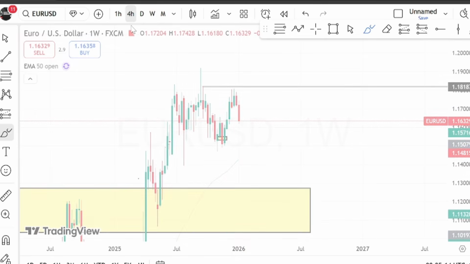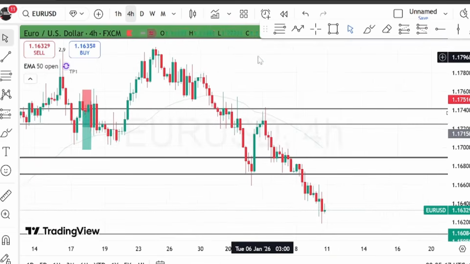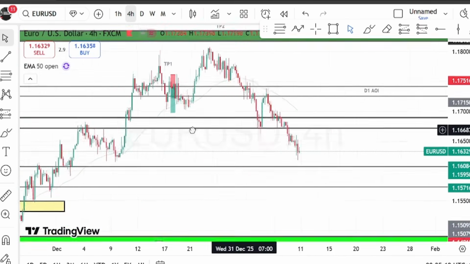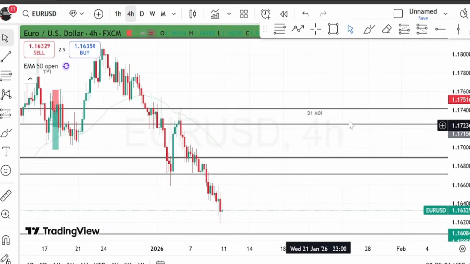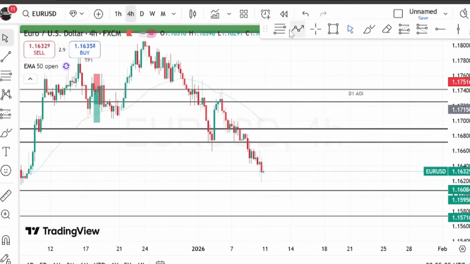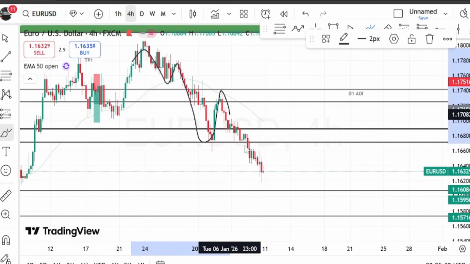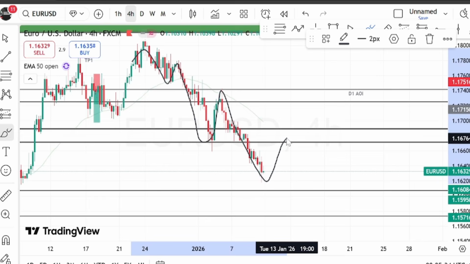So let's go back to our 4-hour time frame so we could see the best levels, areas or zones in which we should be looking for our next trade possibility. Here, just like I said, price has been creating a series of lower lows and lower highs, so we should be having a new lower high before price drops.